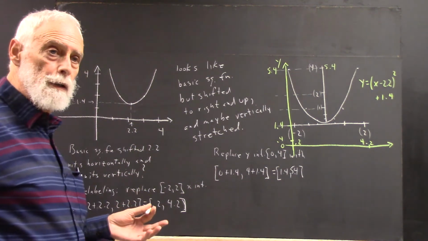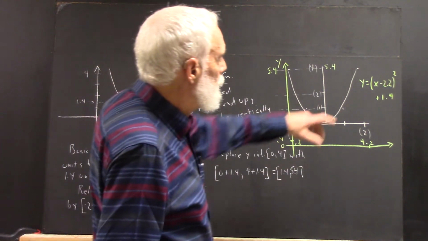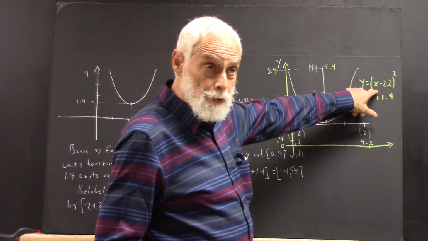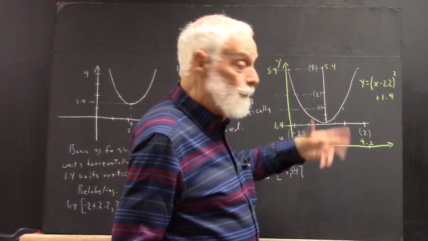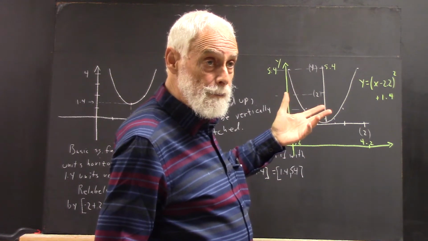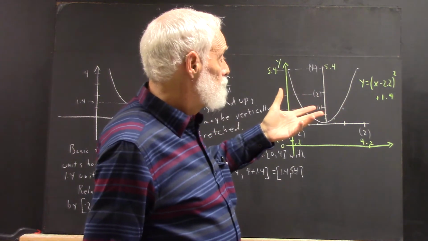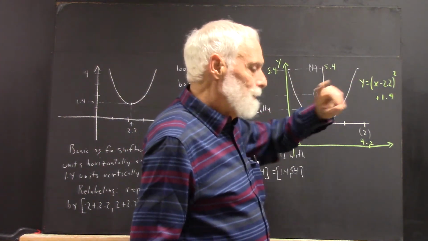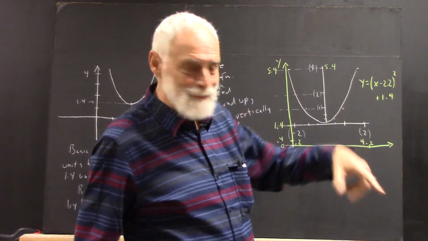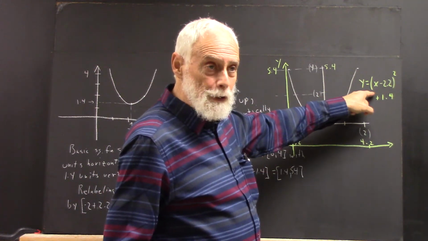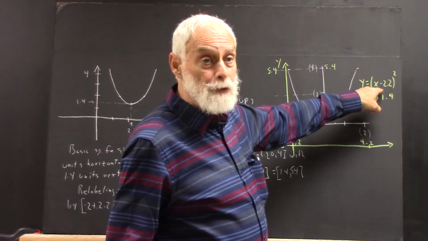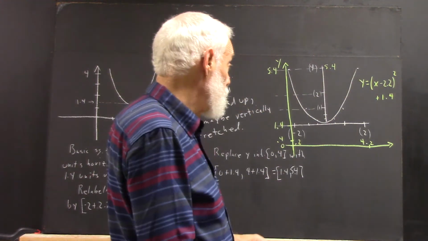So if we plug 2.2 into this expression, what do we get? I'm sorry? 4.4? No, but you added them. That's a minus, right? Plug in 2.2, we're going to get 0. If it's added, we would get 4.4. That would have been right. Okay?